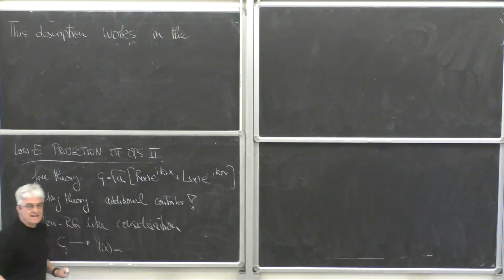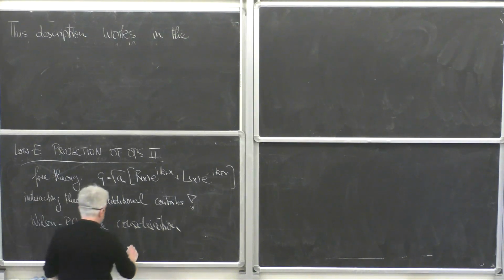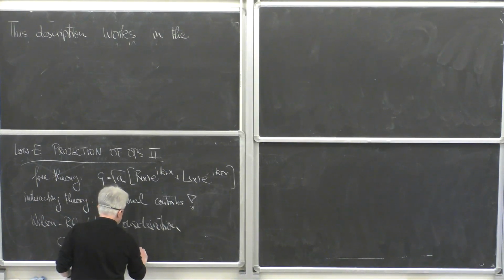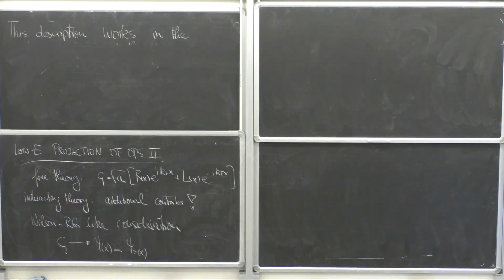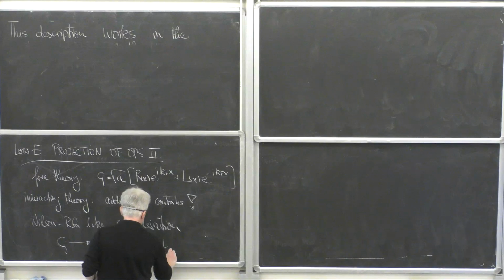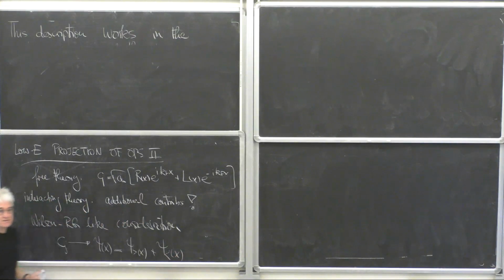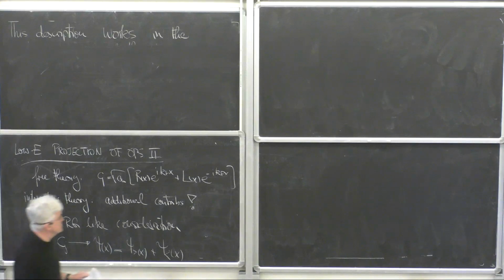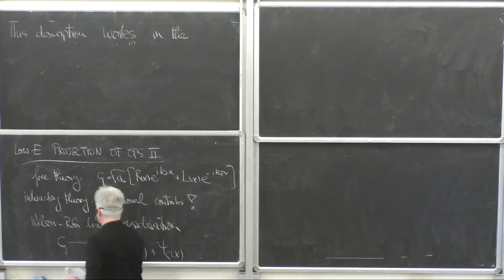So this field then I treat à la Wilson. I say this has a piece which are high energy degrees of freedom, and a piece which has low energy degrees of freedom.